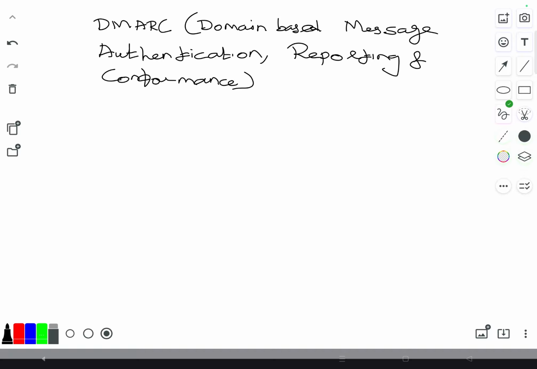The main purpose of DMARC is to define how the receiving email server should treat the email if SPF and DKIM fail.